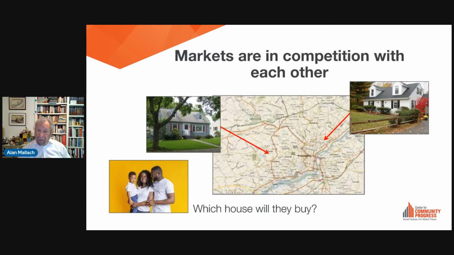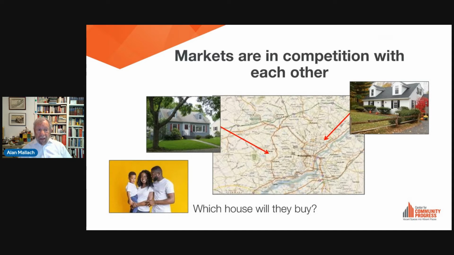So the question is, would you choose neighborhood A? Here we have two houses, they're pretty much the same house, and let's say they cost within the same ballpark. This is the kind of house that this young family in the lower left-hand corner is looking for. So do they pick the one in neighborhood A or the one in neighborhood B?